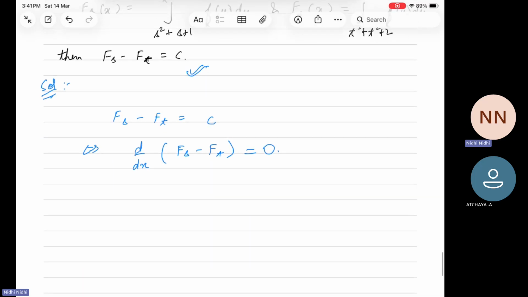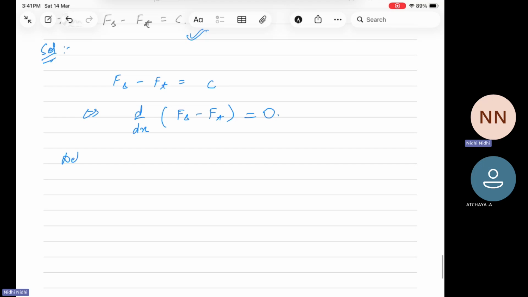Now let's look at the derivative of this function f_s minus f_t. Let me define a function h, just for the sake of simplicity, as f_s minus f_t. Then d by dx of h at point x is equal to d by dx of f_s at x minus f_t at x.